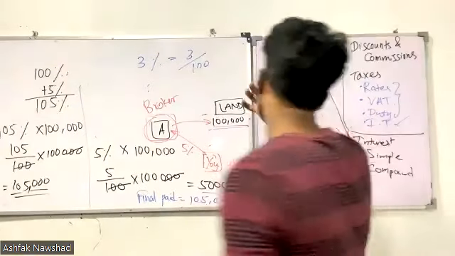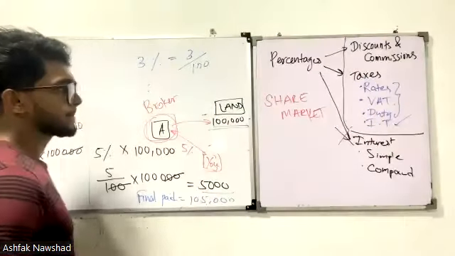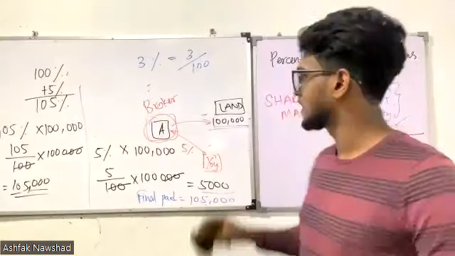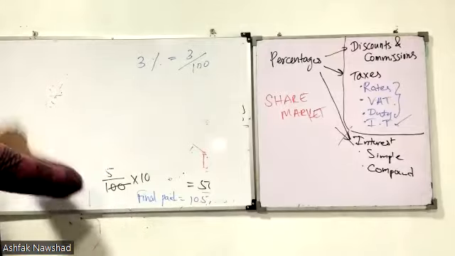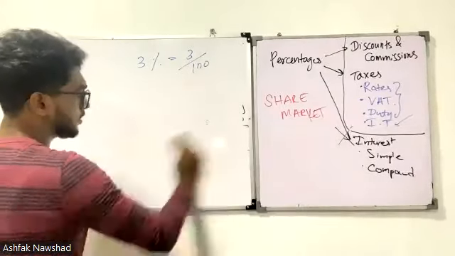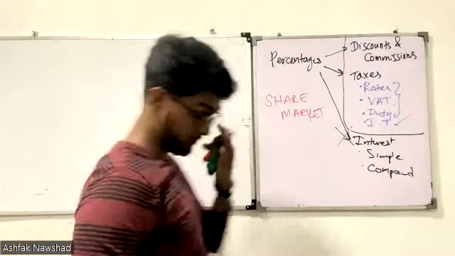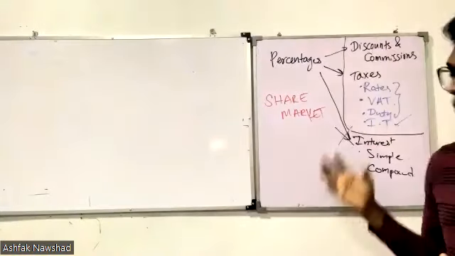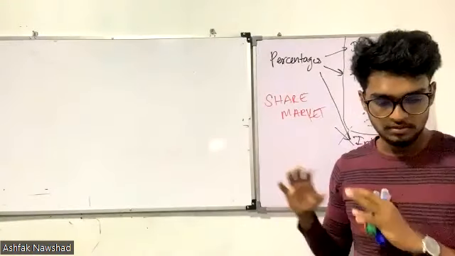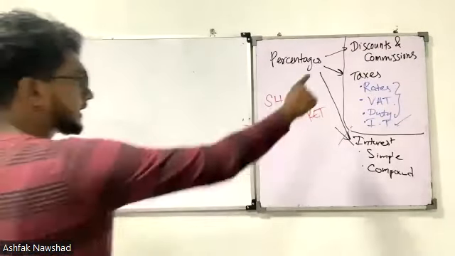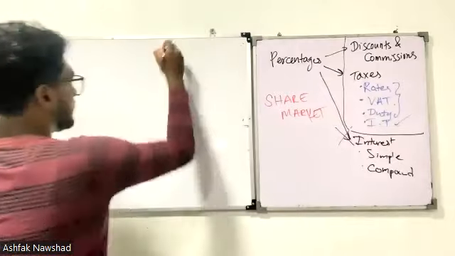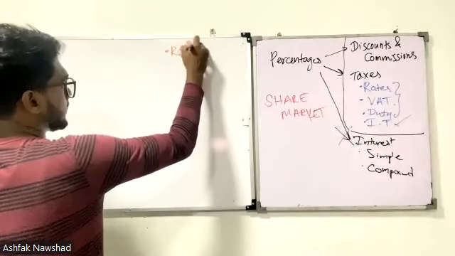So we can move on to taxes. You don't have to remember any formula in this topic, just simple math. Taxes are of four types. I'll just give a basic introduction.